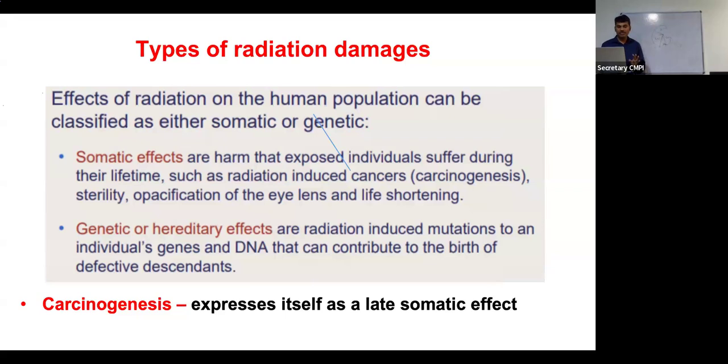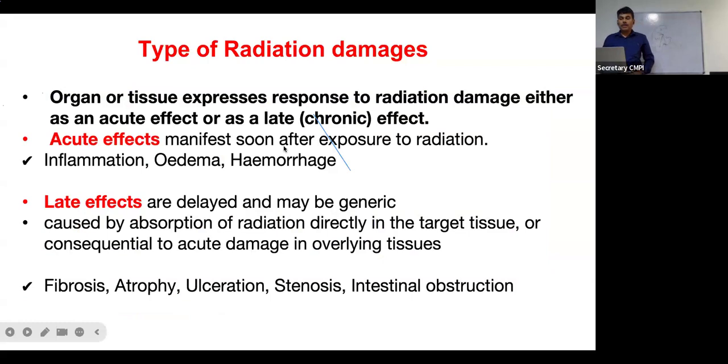If you go through all the effects, cancer is a late somatic stochastic effect. Radiation damage can again be taken another way, like acute effect and late effect. Acute effect is an effect that occurs just after exposure, such as inflammation, edema, hemorrhage, etc. If the effect is delayed, it is called a late effect.